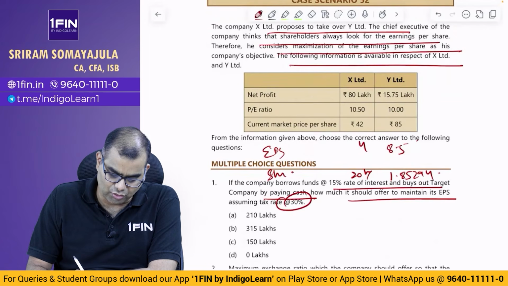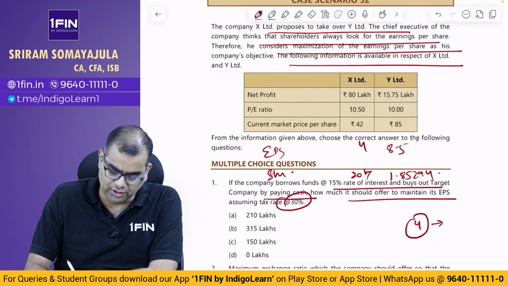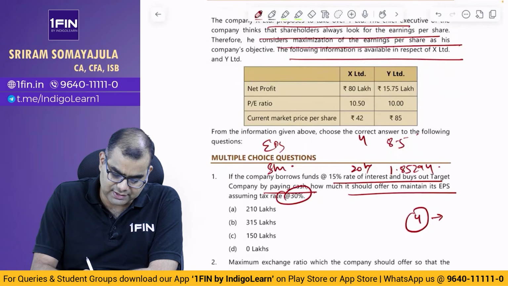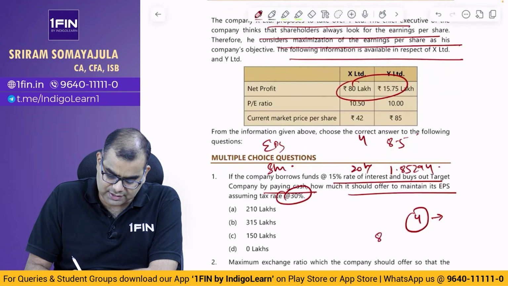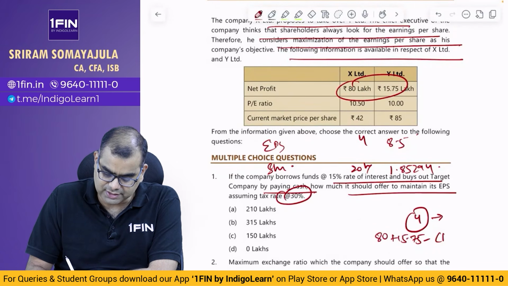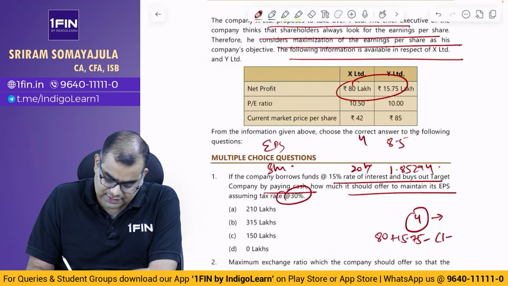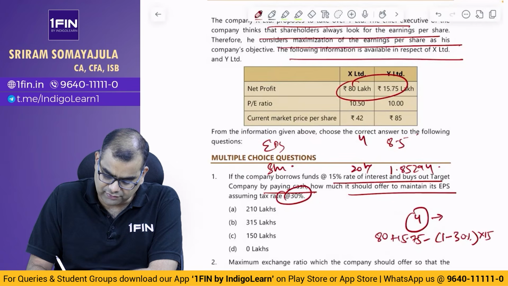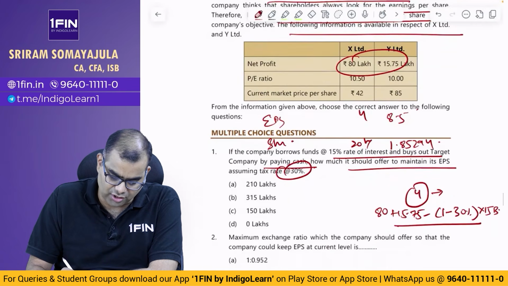So basically, what is old EPS? Old EPS is 4. Revised EPS also should be 4. What is revised PAT? Revised PAT is 80 plus 15.75 minus (1 minus the tax rate of 30%) into 15% of borrowing, divided by the original share count of 20 lakhs, is equal to 4.